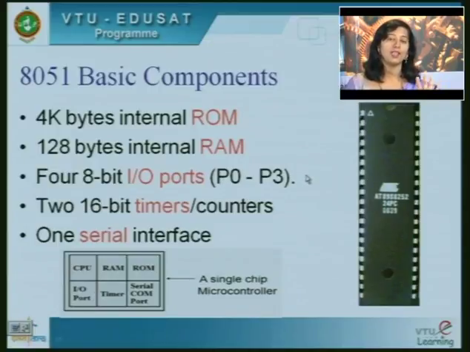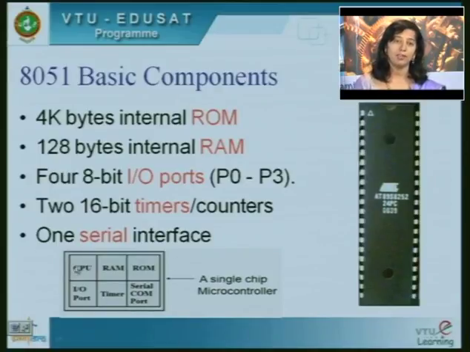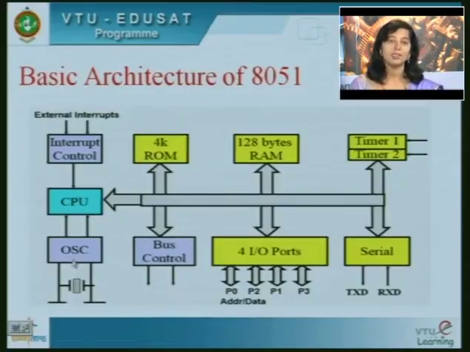So, 4 ports, all 8-bit, 2 16-bit timers or counters and one serial interface along with the CPU. These are the main elements present. Along with that we have many other additional elements. So, you can see the basic architecture of 8051 will have all these things.